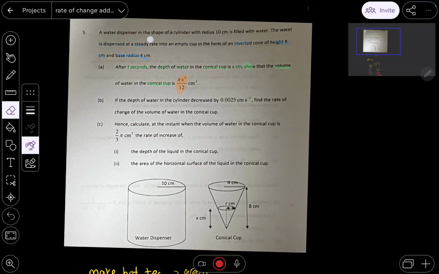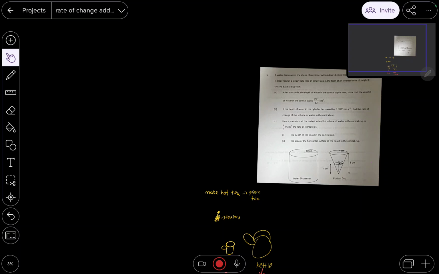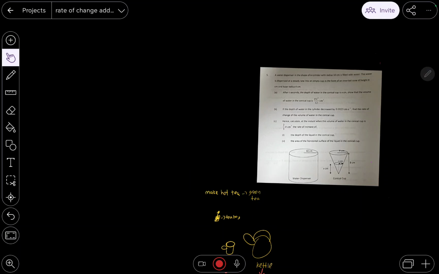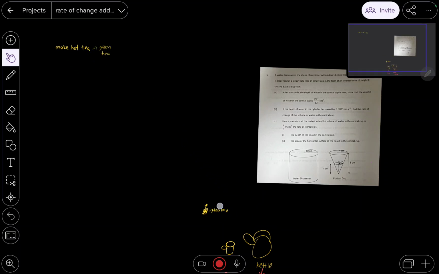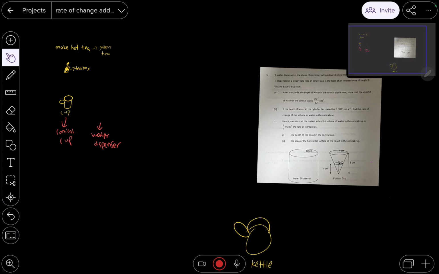So, the next part, part B. This part, in my opinion, is the most crucial part. Actually, B and C are the harder parts. Alright. So, let me shift the hot tea example over here. Oh, poor kettle.